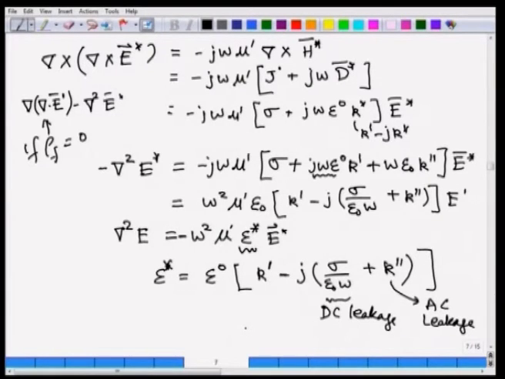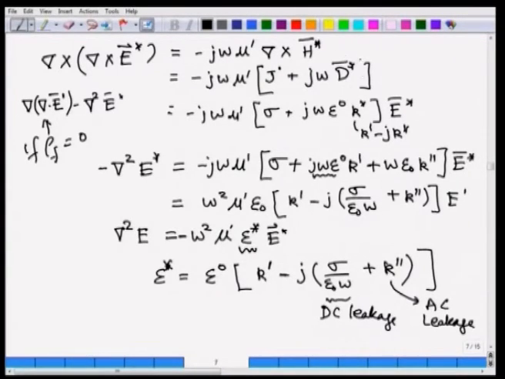So, that is the general idea, that you can write a dielectric constant, or permittivity, in the form of a complex quantity in which permittivity is k prime minus j k double prime, and this k double prime represents the AC losses. And of course, on top of that, because of this quantity j, remember this is the displacement current.